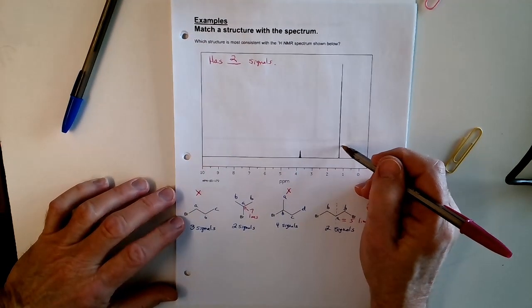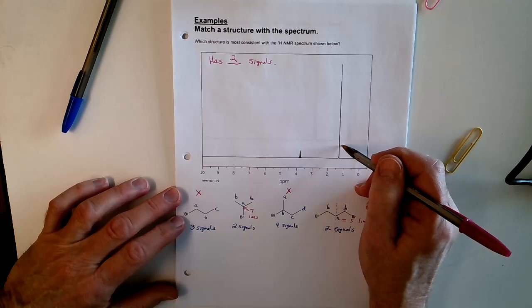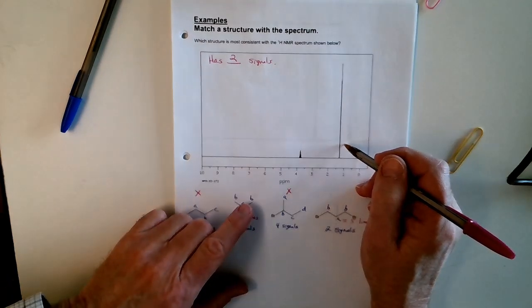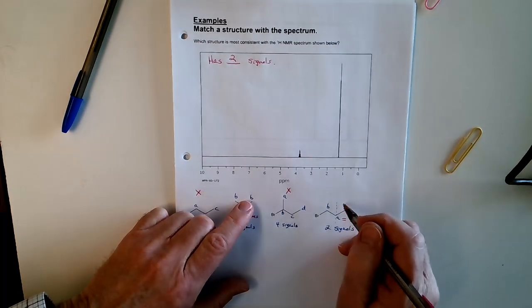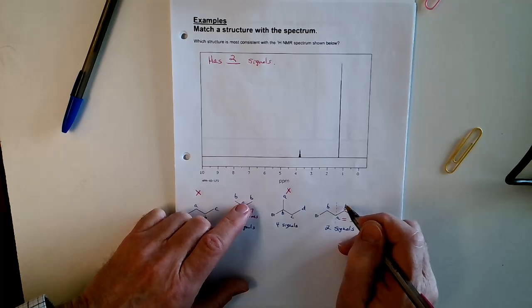And then the other thing you'd need to do is carefully look at this signal right here, because that could be B here, or it could be B in this option right here.